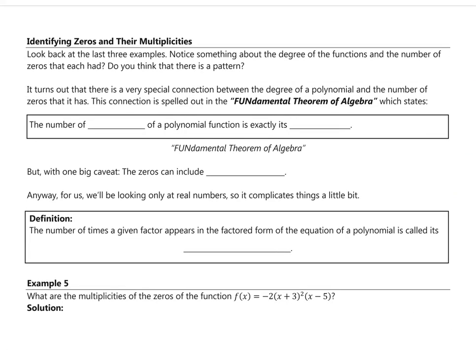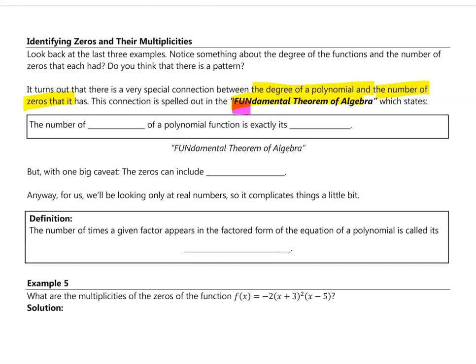It turns out that there is a very special connection between the degree of the polynomial and the number of zeros. This connection is spelled out in the fundamental theorem of algebra.